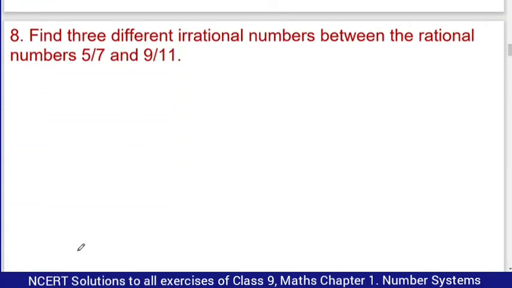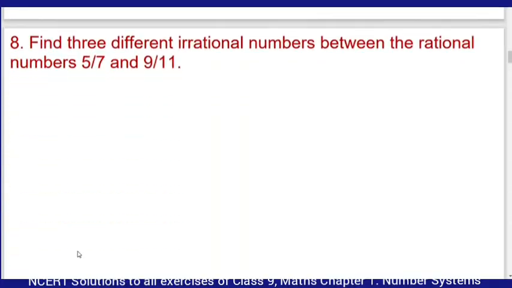Eighth question. Find 3 different irrational numbers between the rational numbers 5 by 7 and 9 by 11.